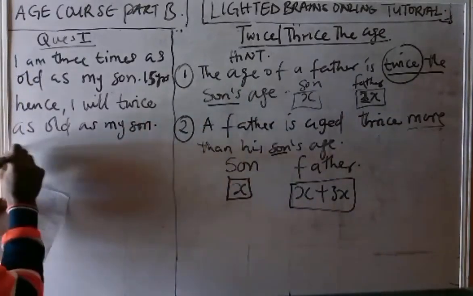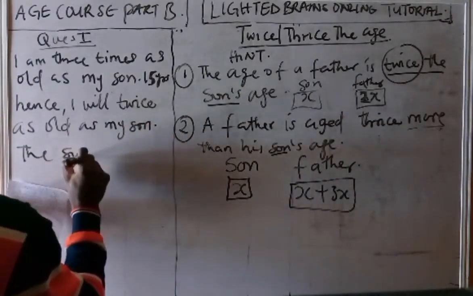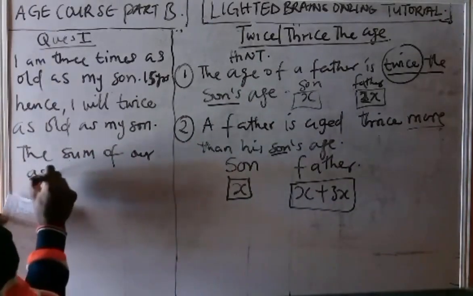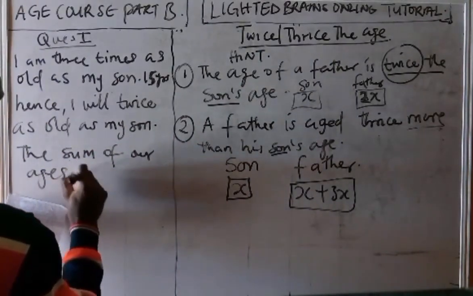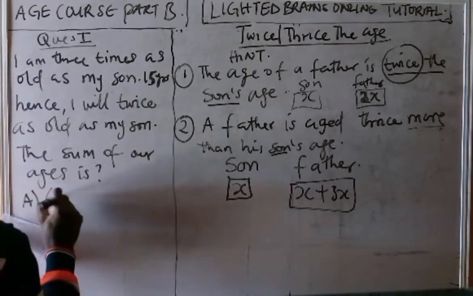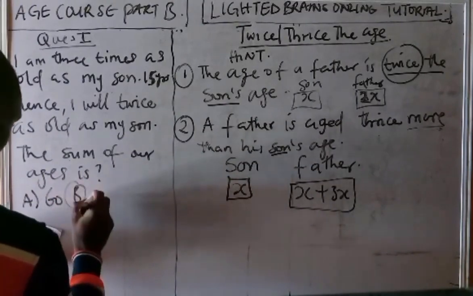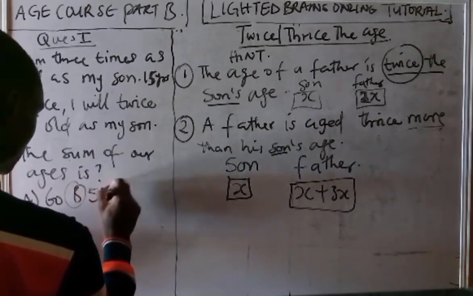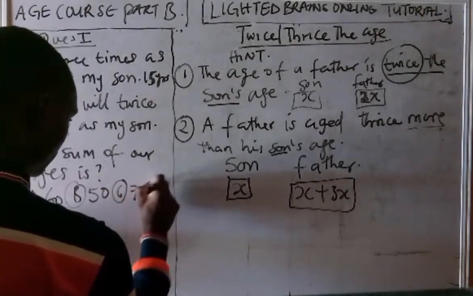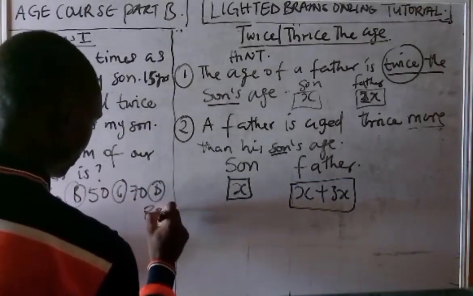Now the question here is that the sum of our ages is, now let's look at the options: option A, 60; option B, 50; option C, 70; option D, 80 years.